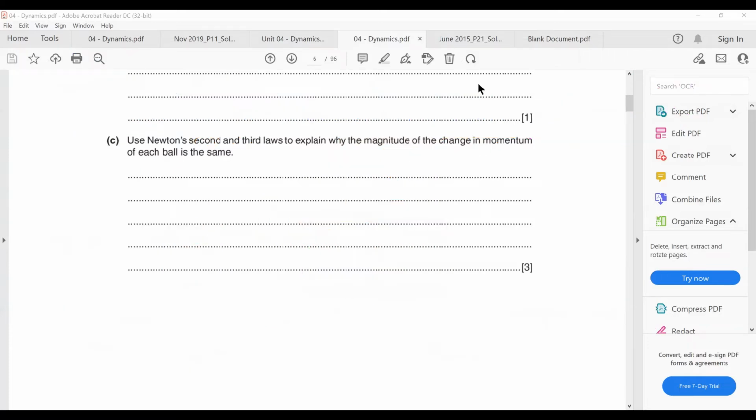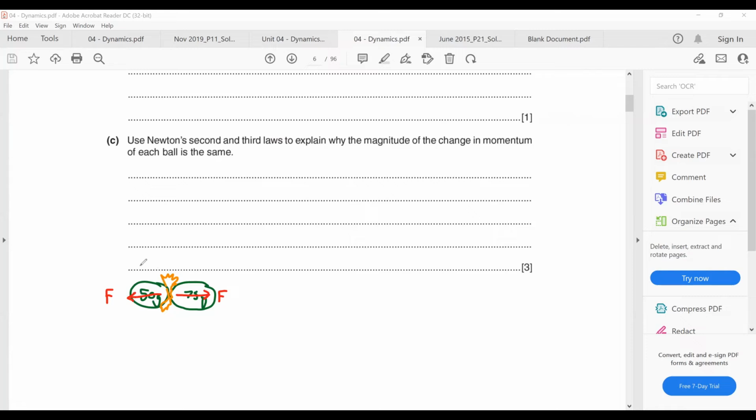So let me just draw out the diagram again for you. You have the 50-gram mass, and then you have the 75-gram mass. They hit each other. This is during the collision. Now, under Newton's third law, you will know that the 50-gram exerts a force F on the 75-gram mass. In return, the 75-gram mass exerts a force on the 50-gram mass. So you would have the forces being equal and opposite.